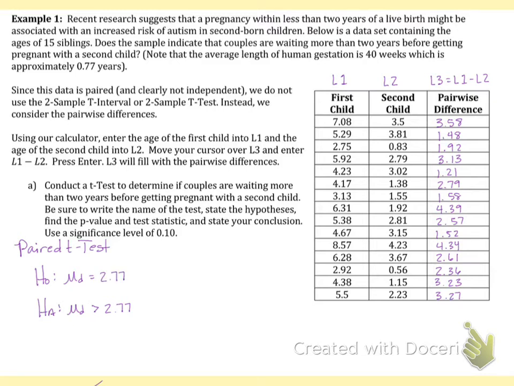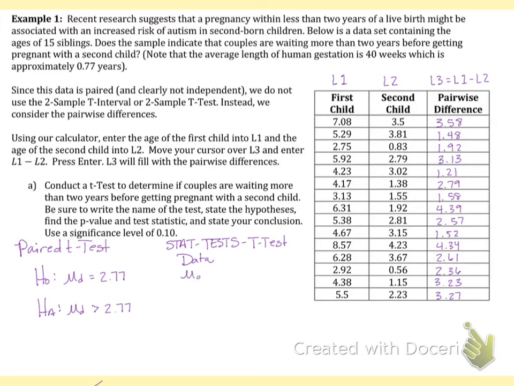So now we're gonna run a t-test on L3. So we're gonna go to stat, tests, and you're gonna choose the t-test, number 2. But now, usually it says L1 there, we're gonna use data.